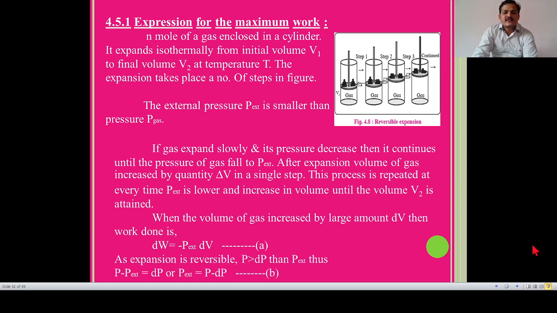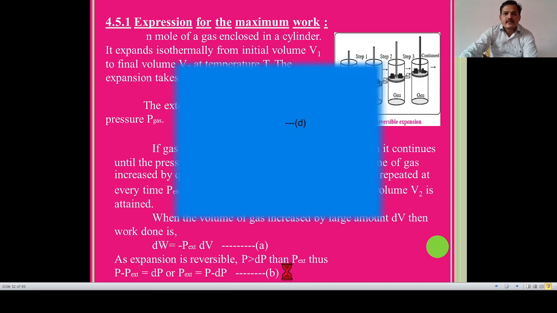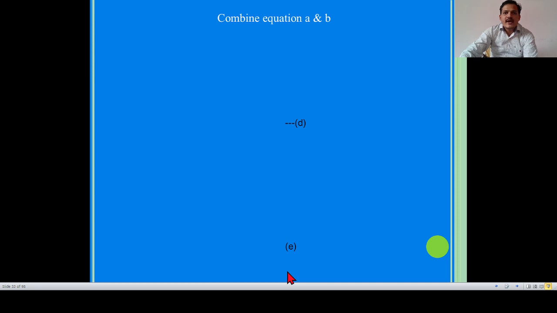As the expansion is reversible, P is greater than Pex by dP, thus P minus Pex is equal to dP, or Pex is equal to P minus dP. That is equation B. Combining equations A and B, we get dW is equal to minus (P minus dP) into dV, which gives minus P dV plus dP into dV.